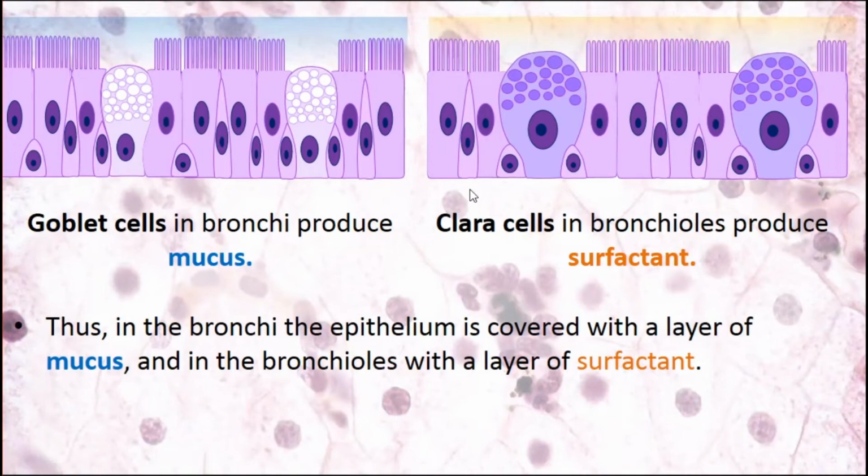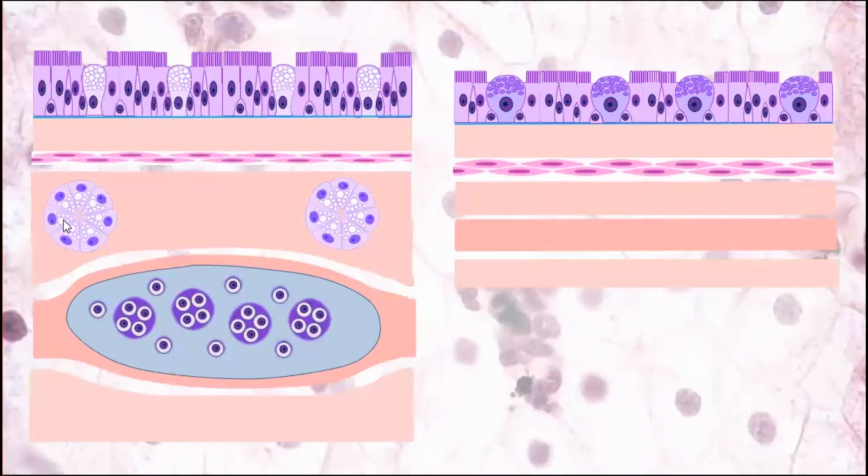And also that's why glands disappear because they produce mucus. All mucus producing components of the wall disappear. Goblet cells and mucus glands, because mucus shouldn't be present here because mucus may cause collapsing of bronchioles.